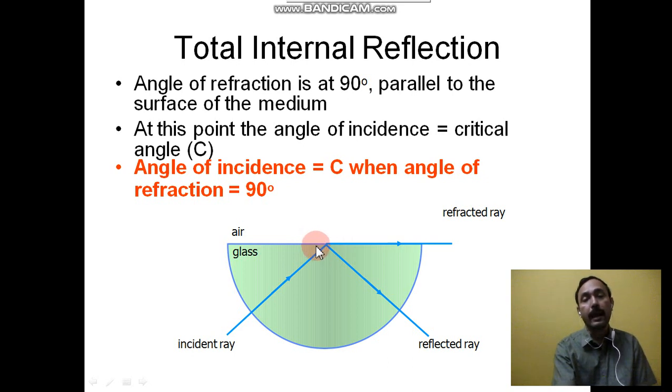At this point, the angle of incidence is equal to the critical angle. Already we have stated, when the angle of incidence is such that the refracted ray becomes 90 degrees with the normal, this is known as the critical angle. So the angle of incidence is equal to C, the critical angle, when the angle of refraction is 90 degrees.